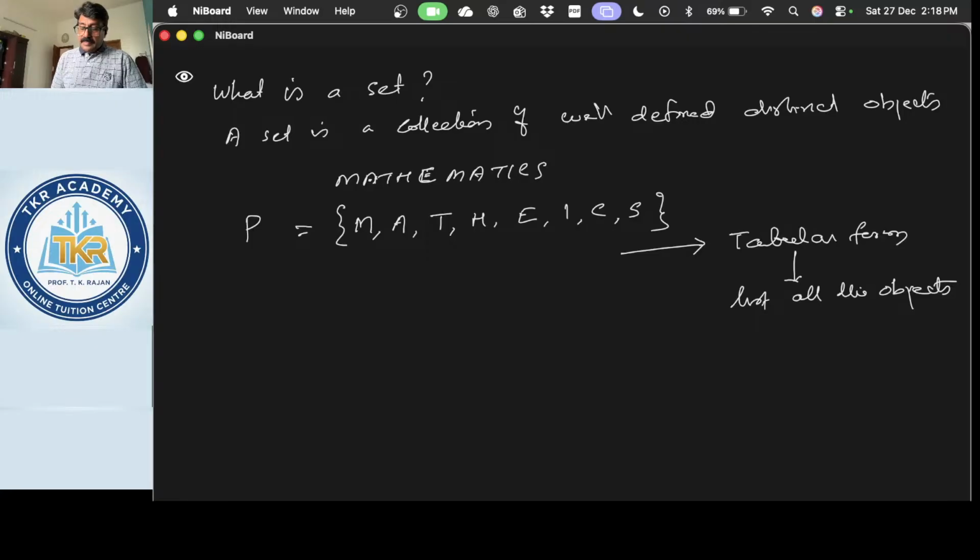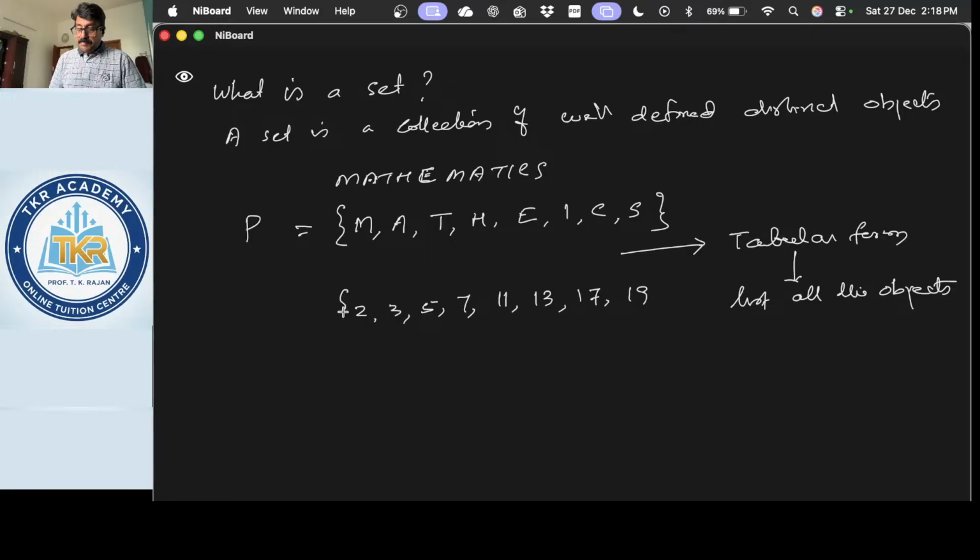Now let us take another example. The set of all prime numbers less than 20. 2 is the least prime number, then 3, then 5, then 7, then 11, then 13, then 17, then 19.